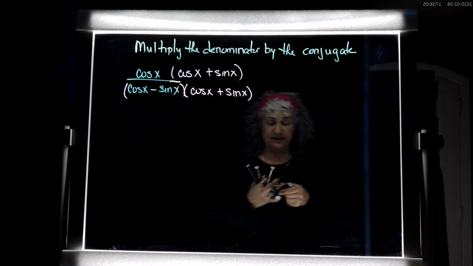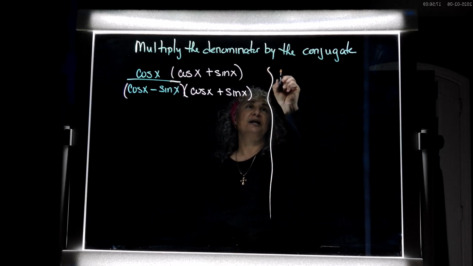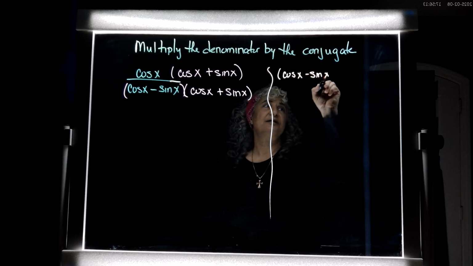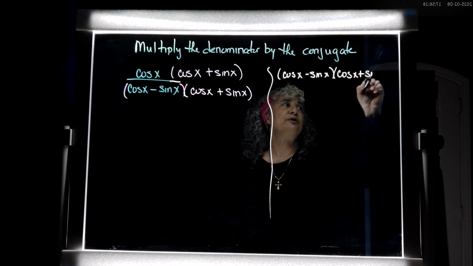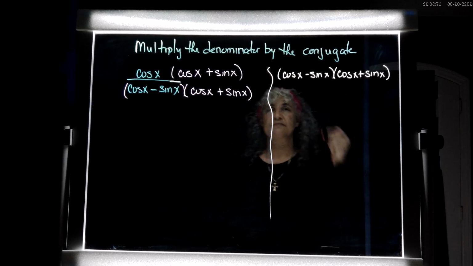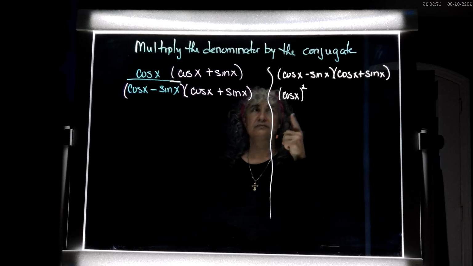So I'm going to go off to the side here, and I am going to multiply the denominator together, because I want to see what this is. All right, you know how to distribute as well as I do. Cosine of x times cosine of x. Good. Cosine x squared.